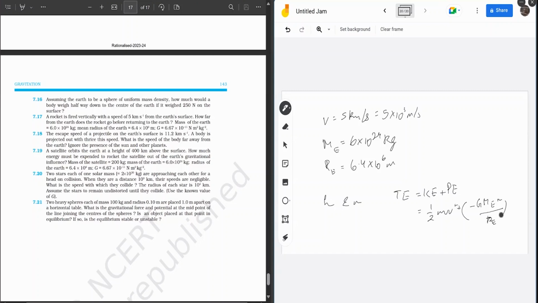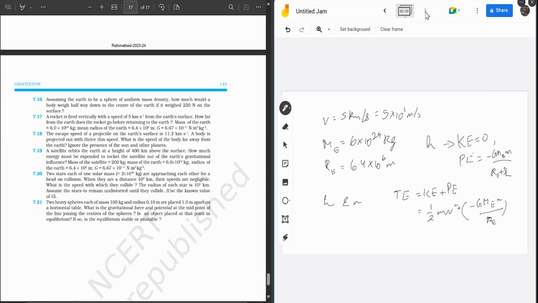At the highest point h, the kinetic energy will be 0. The potential energy will be minus G Me m divided by (Re plus h).